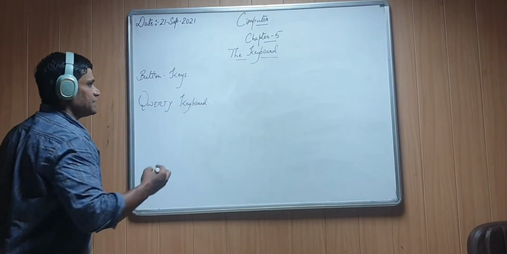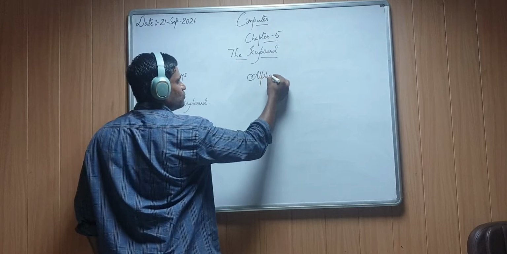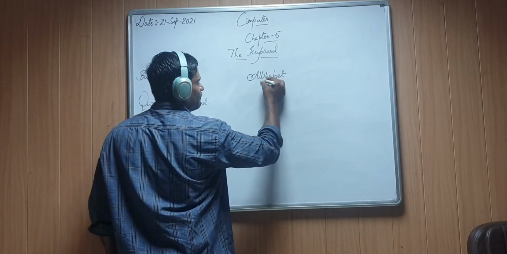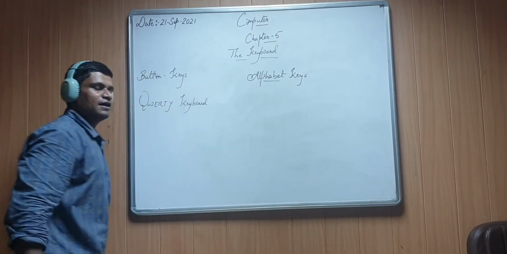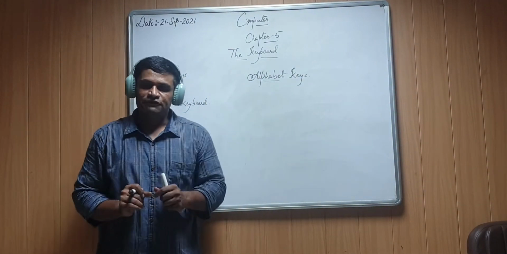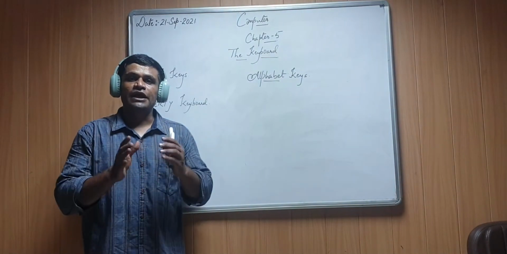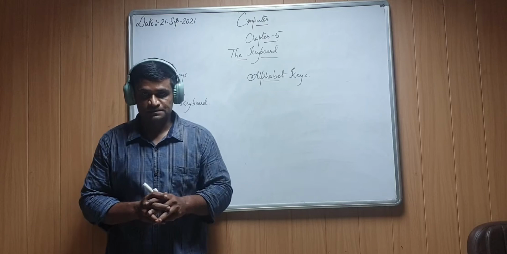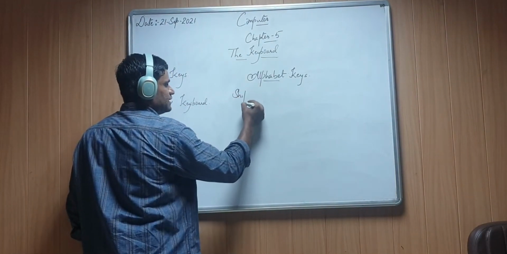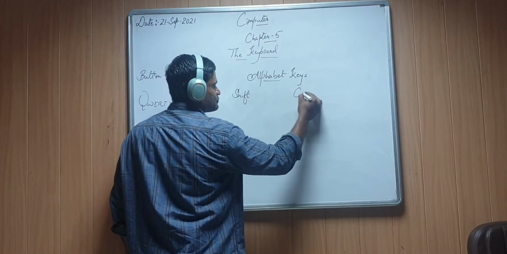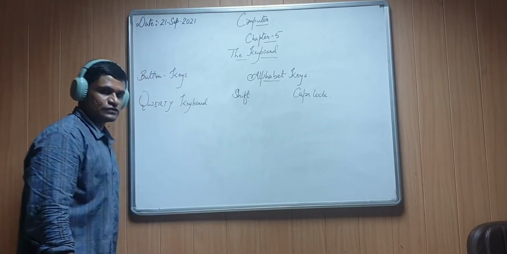The first type of key that we are going to talk about is the alphabetic key, and everybody knows that alphabetic keys or alphabet keys are those keys on which alphabets are written. Normally, when we type using these alphabet keys, whatever we type will be in small letters. But by using the shift key or caps lock, we can type capital letters also.